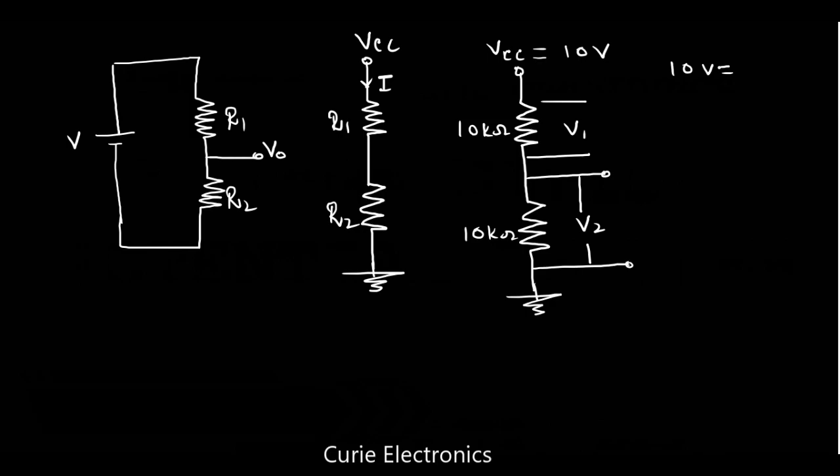In this circuit, the resistors are of equal value. Then what is V1? V1 has to be 5 volt, because it is getting equally dropped across the resistors, V2 equal to 5. Then we will get the sum of 10 volt.